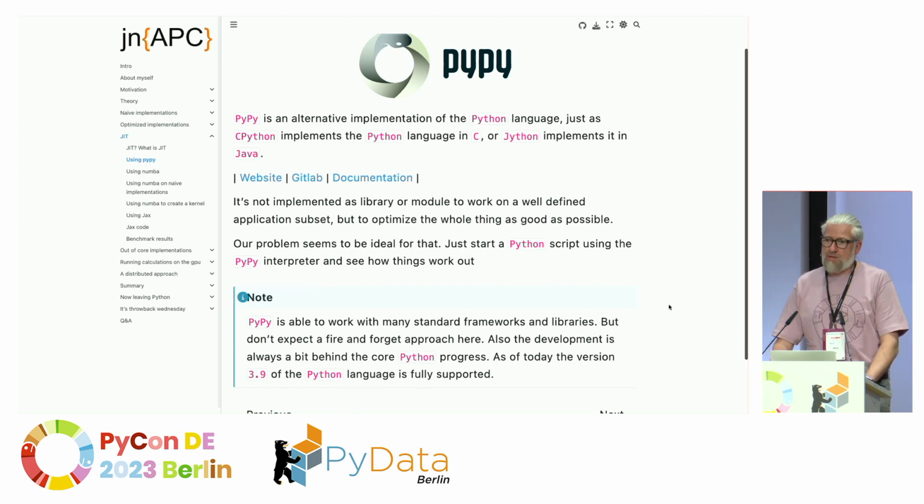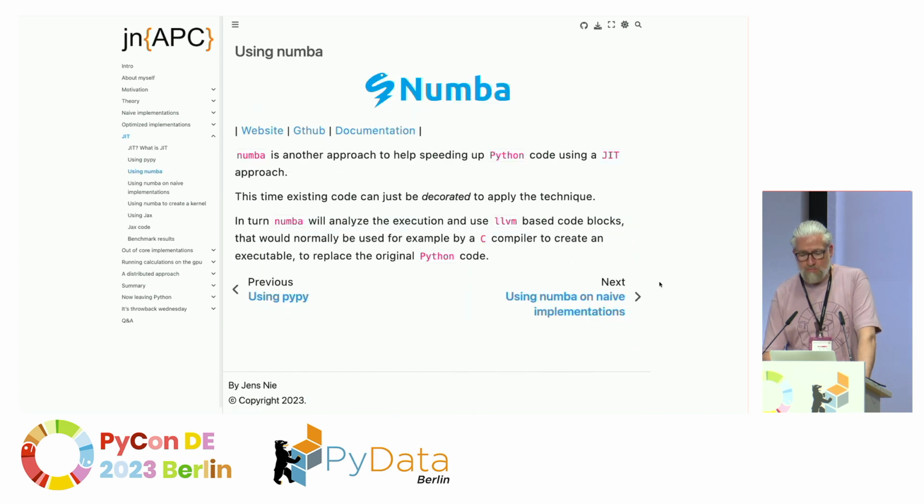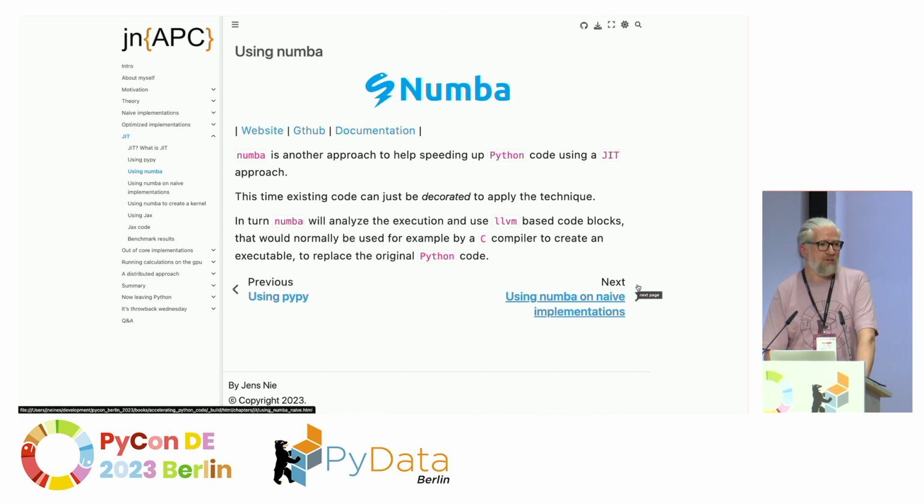And the idea behind the JIT approach is, when the code is executed, get an idea what's going on, and use optimized strategies instead. Another approach is using Numba, and Numba can just be used to decorate functions that are there.